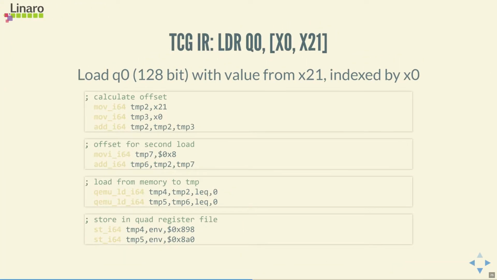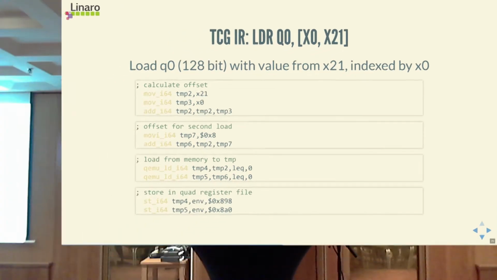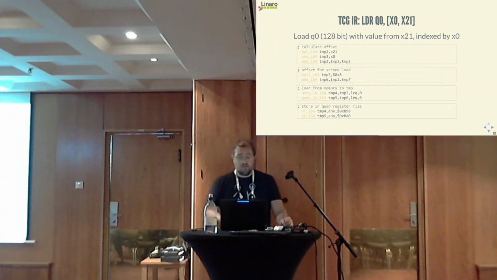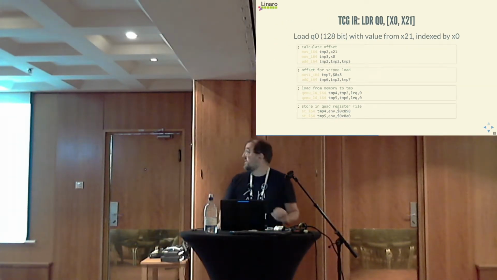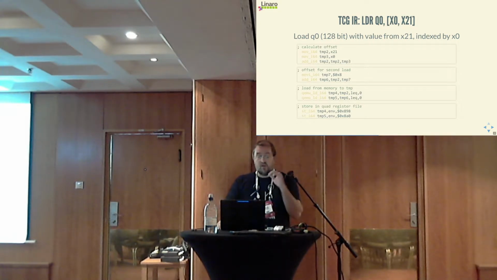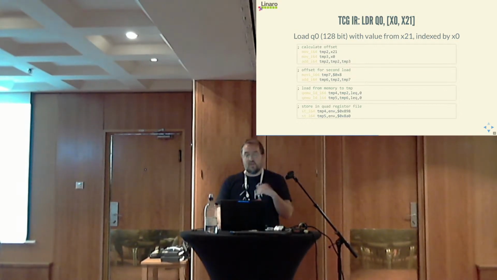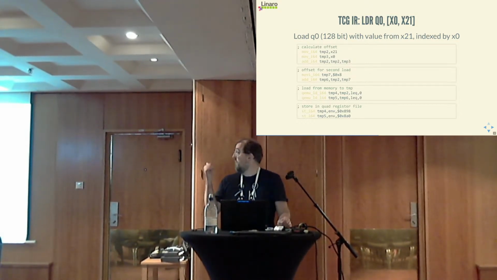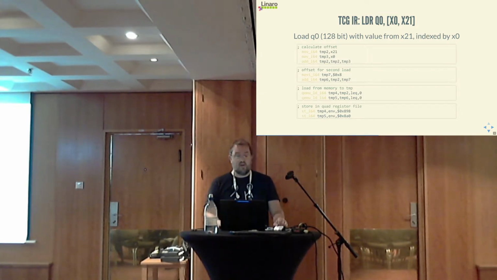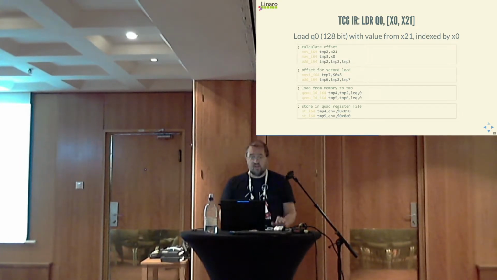So let's have a look at how these instructions get broken down into TCG ops. The first one I'm going to look at is the load operation. The LDQ operation is loading 128 bits from memory pointed at by X21, indexed by X0. There's a couple of steps we need to go through.